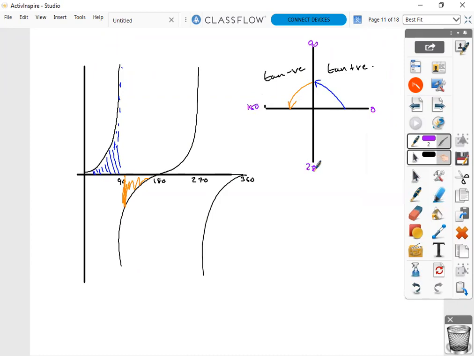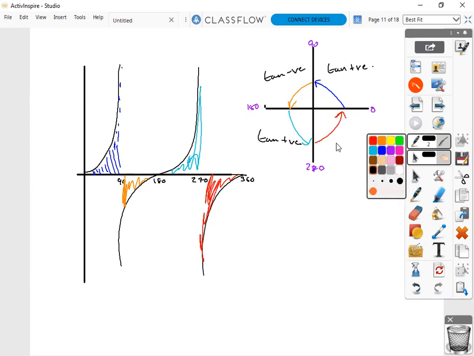Between 180 and 270, tan is positive. Between 270 and 360, tan goes back to being negative.